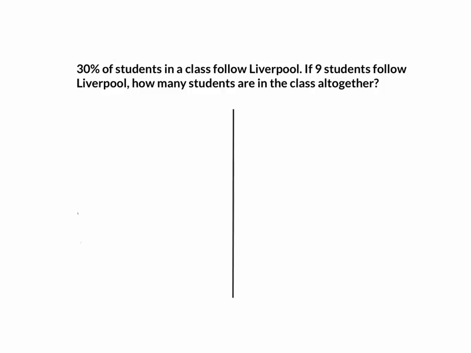So I'm going to show you 2 different ways of working this out. First of all, I'm going to do it using an equation. I'm going to say 30% equals 9 students. Right, so 30% equals 9 students. What I want to find is how many students altogether. Now, how many altogether would be 100%?